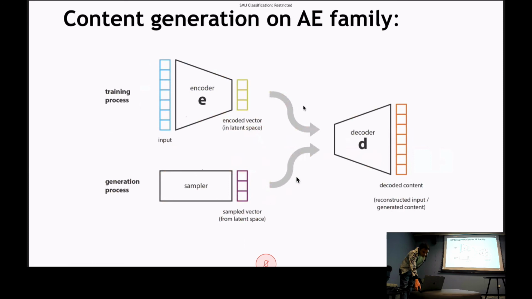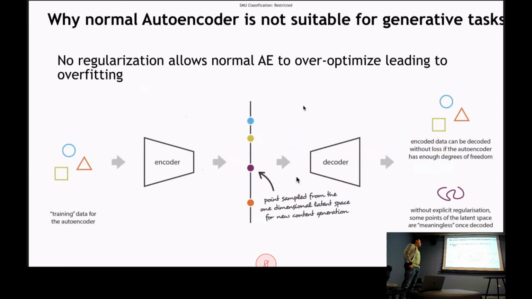So let's talk about why this approach does not work for a normal autoencoder. Because when we are training a normal autoencoder, we just define our loss function as the difference between the reconstructed version and the original version of the data.